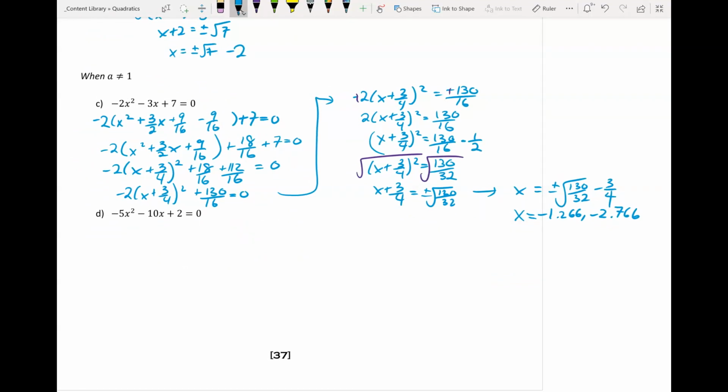We're going to factor out the negative 5 in the first two terms. I'll leave that positive 2 alone on the outside. 2 divided by 2 is 1. 1 squared is still 1. So we're going to add 1 minus 1. So again, for your b value, that's 2.